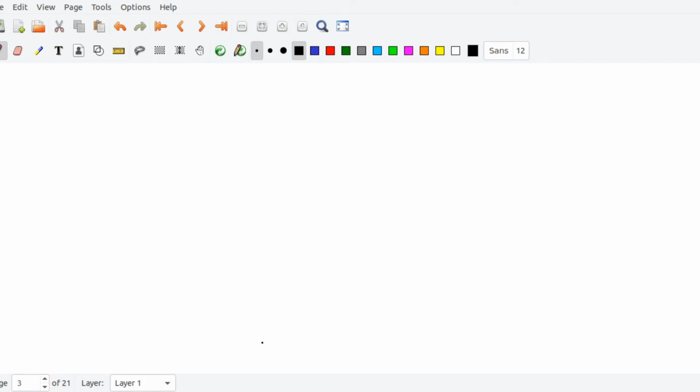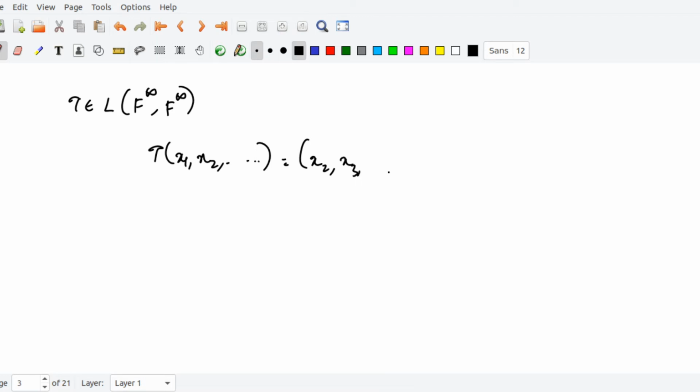Another example: suppose T is an element of L(F^infinity, F^infinity). The linear map is the backward shift operator, meaning T(x1, x2, ...) equals (x2, x3, ...). This is the working rule of the backward shift operator.